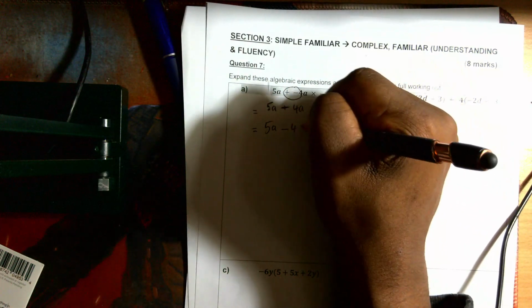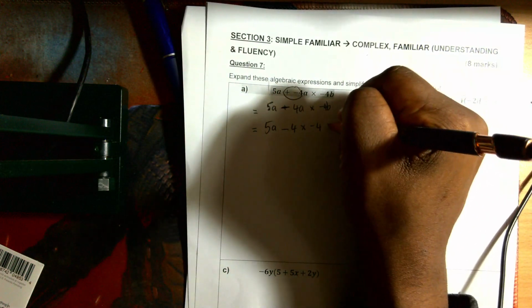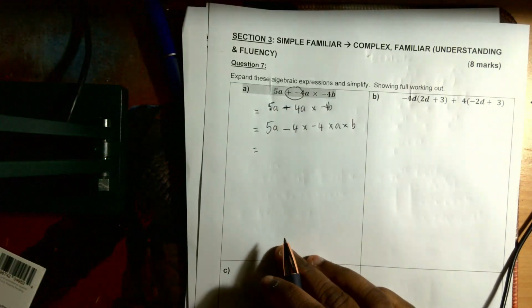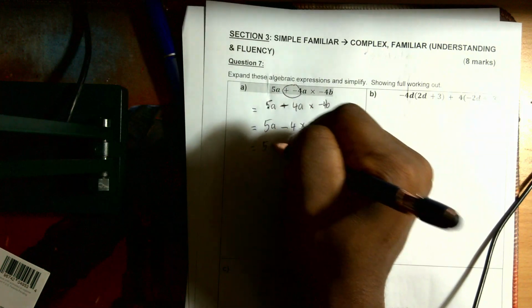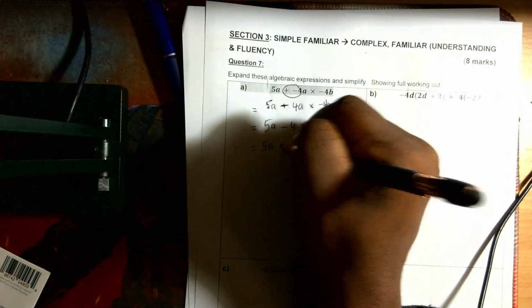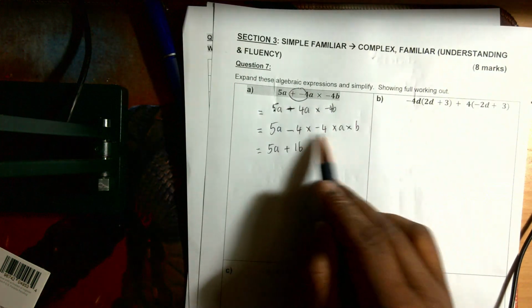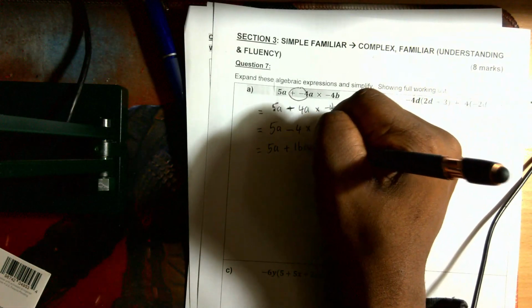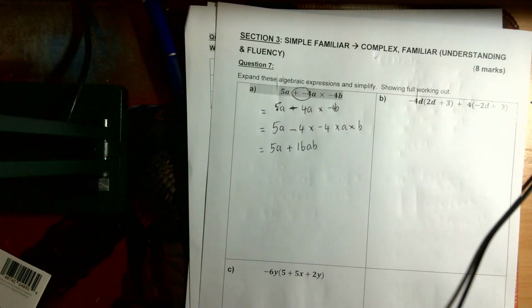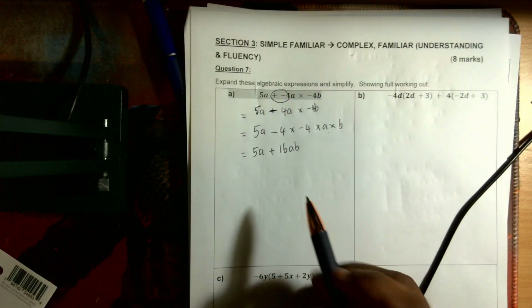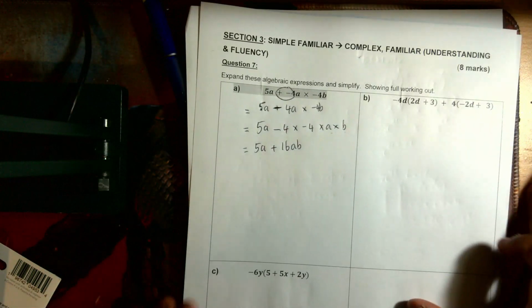So negative 4 times negative 4 times a times b. Which means we've got 5a plus 16, negative 4 times negative 4 is positive 16, a times b, that's ab. I've got an a term, I've got an ab term, they're not like terms, so we can't add those together.